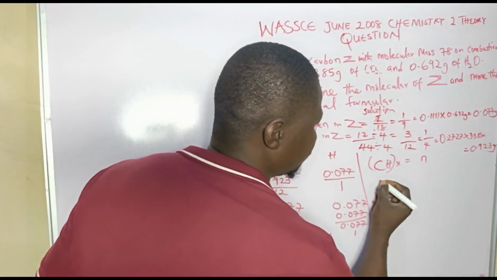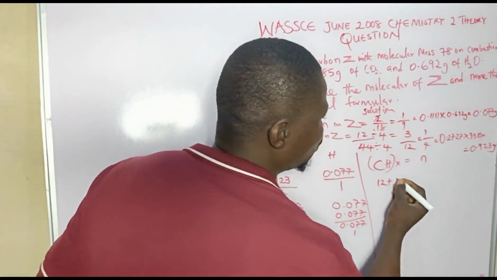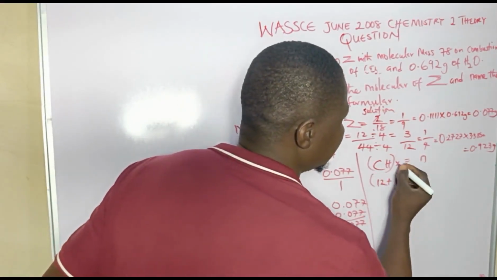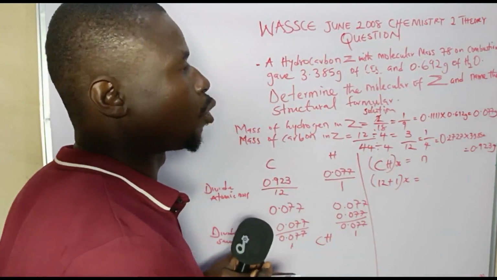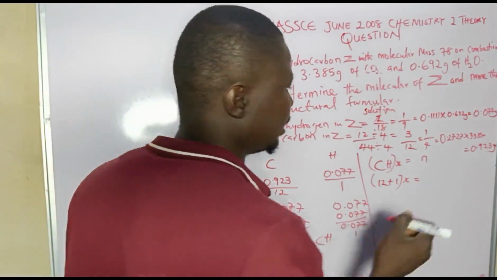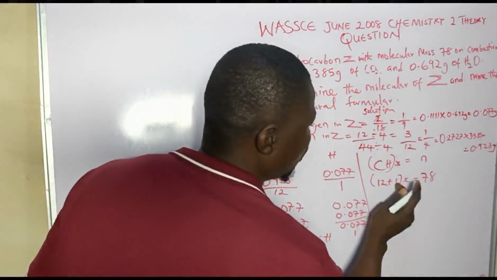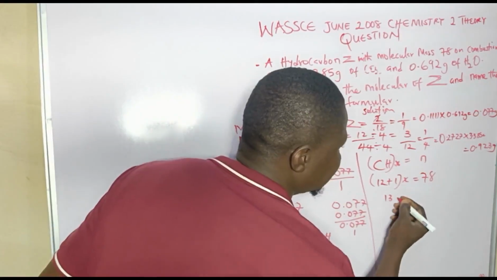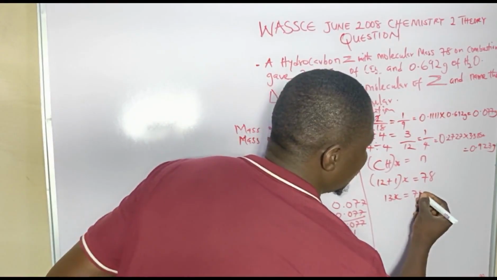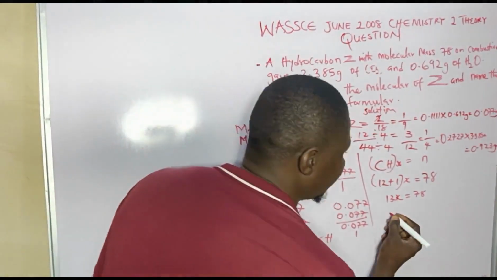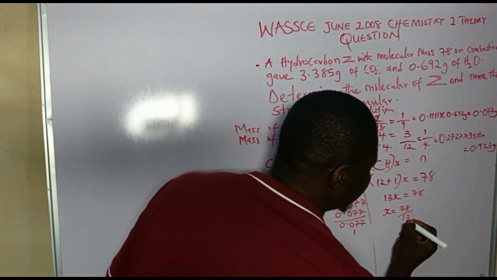Atomic mass of carbon is 12 plus that of hydrogen, 1, in brackets times x, equals 78. 12 plus 1 gives 13x equals 78. Making x the subject, x equals 78 over 13.